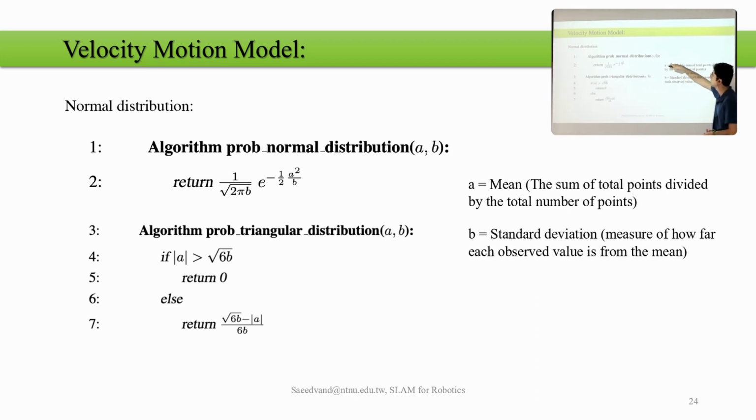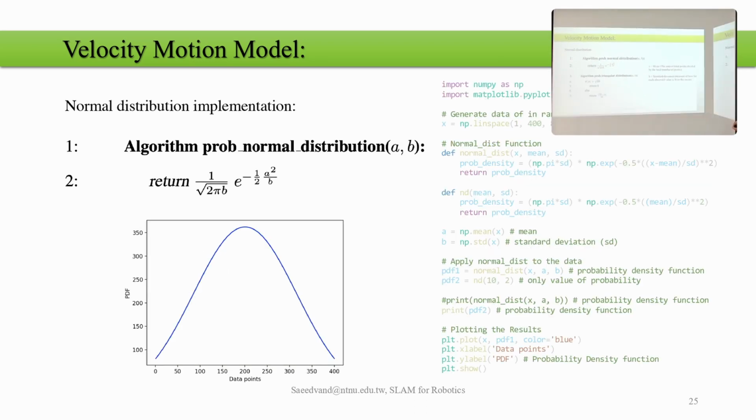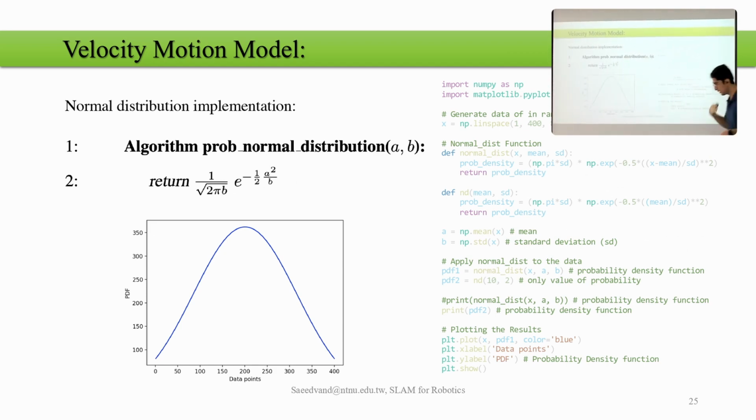If you have a normal distribution, or a triangular distribution, we can write this form over there, calculating the return of this term or that one. Then that's it. A means the mean and B the standard deviation, showing how each observation value can change. I also show how you can do that in the form of probability.